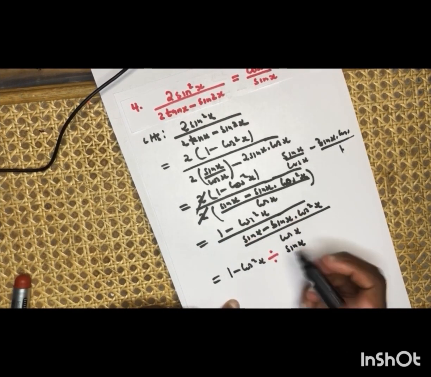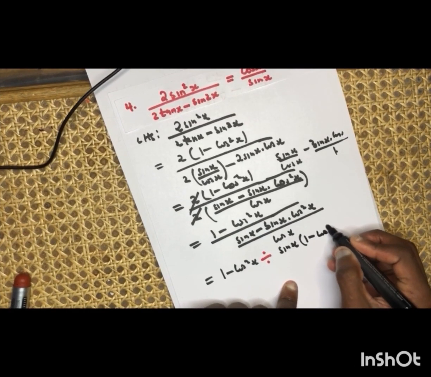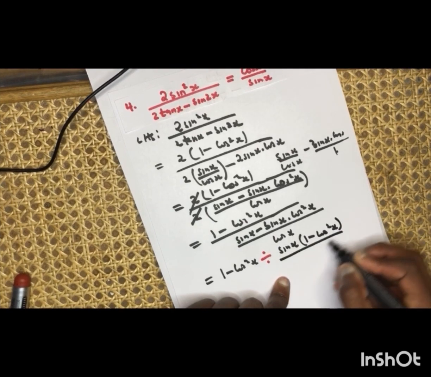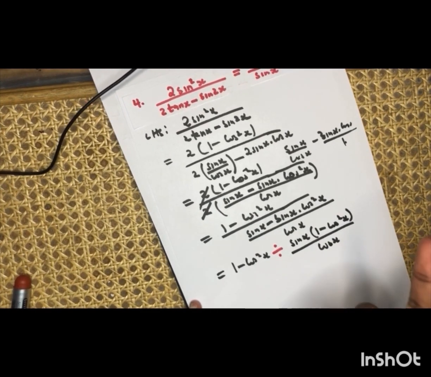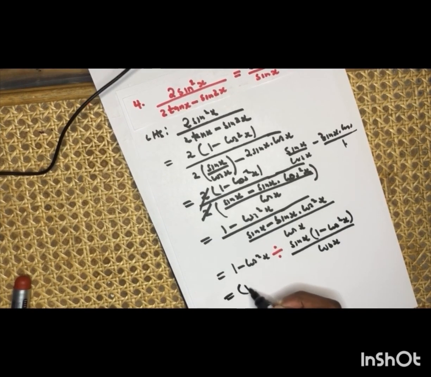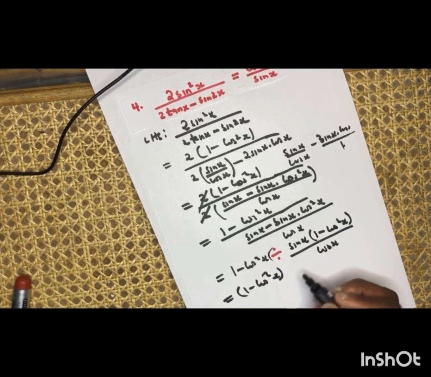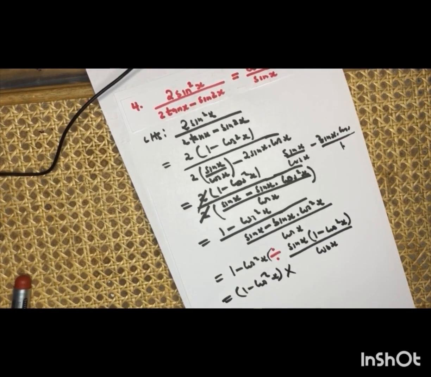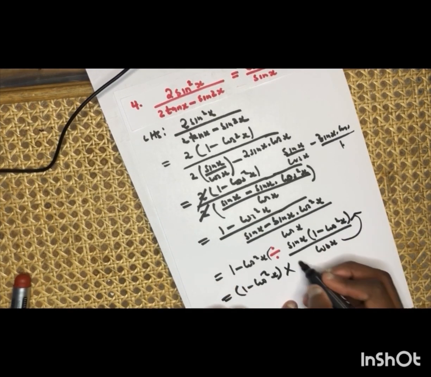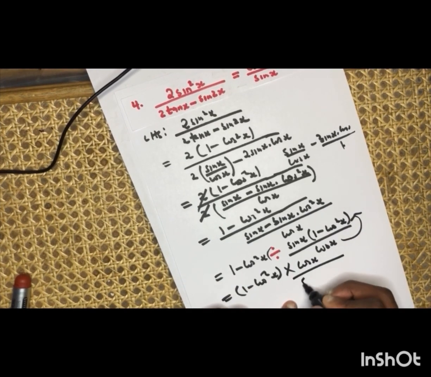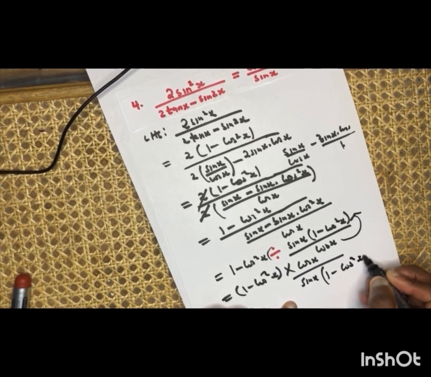The common factor here is sine, so I'm going to have 1 minus cos squared x over cos. Then we cannot have a 2 division in maths. So I have 1 minus cos squared x, then I change the division to multiplication. We do the reciprocal, so this one will become your numerator. Then you have cos x over sine x into 1 minus cos squared x.